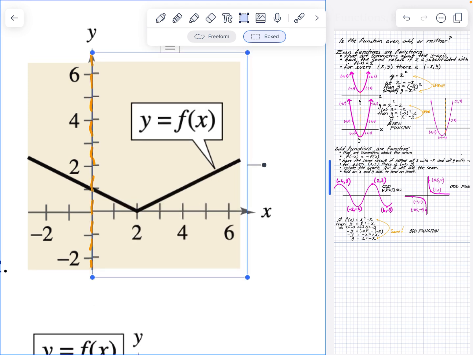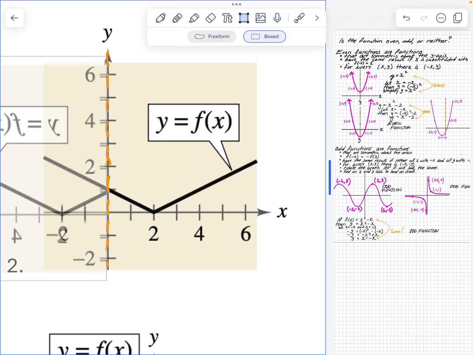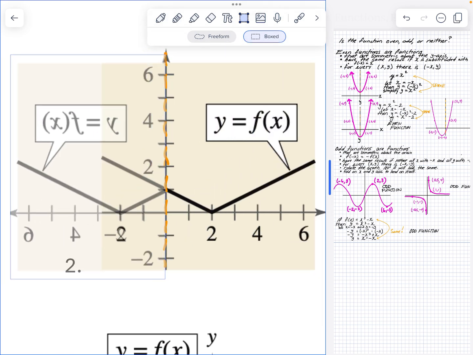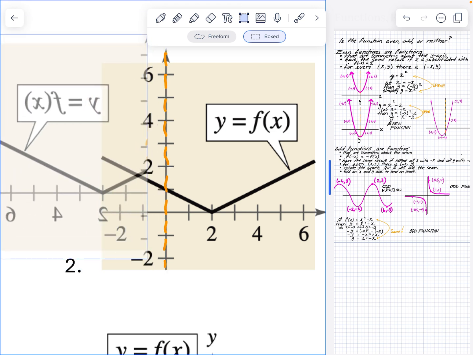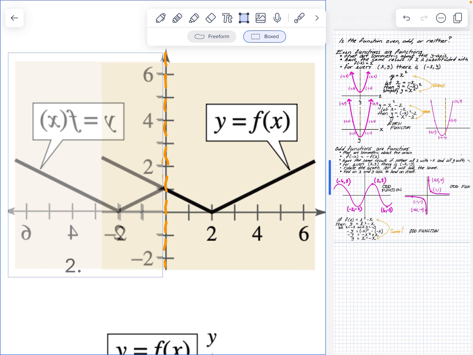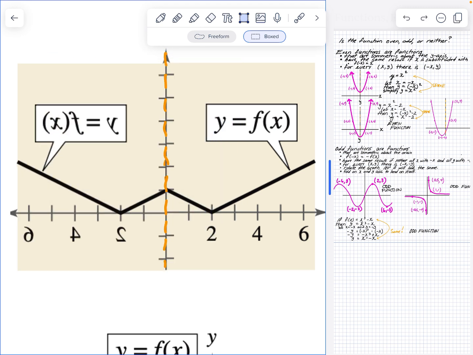So there it is. And now if I take it and I flip it, it will not land on top of the graph that was already there. It didn't land on top of itself. So it is not an even function.